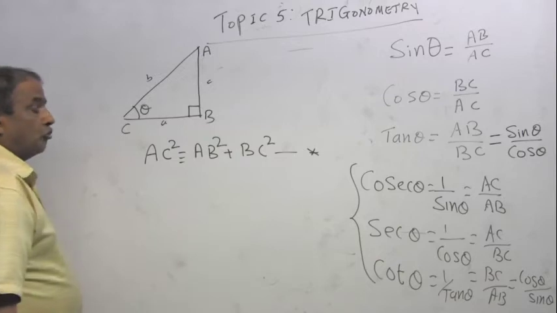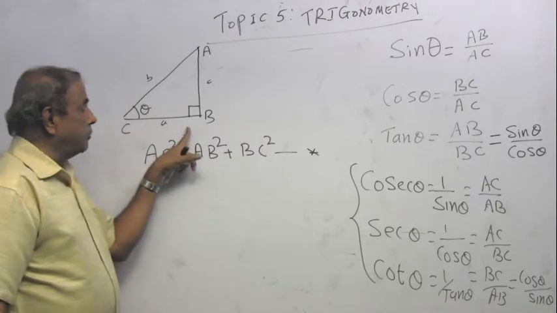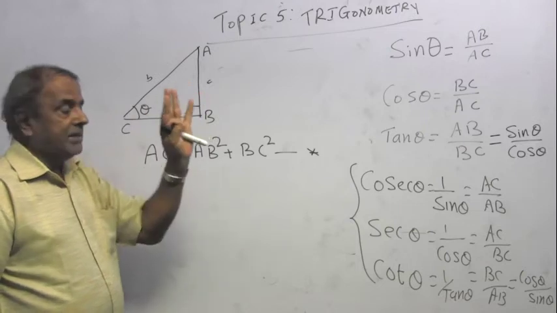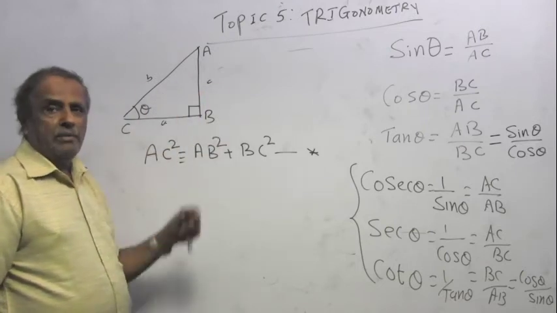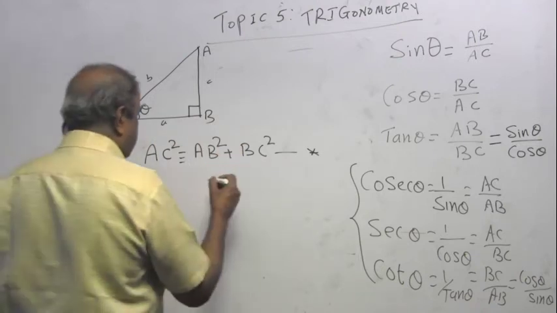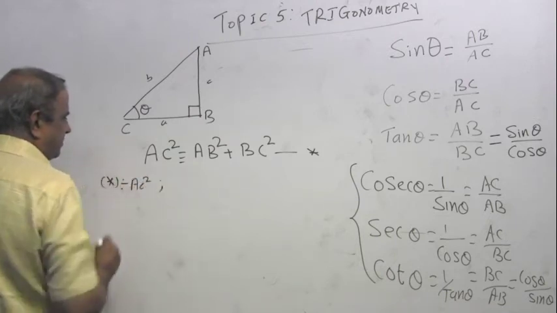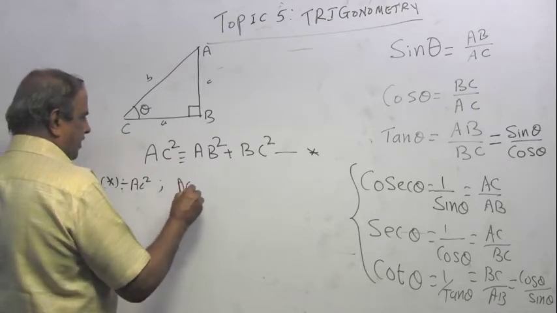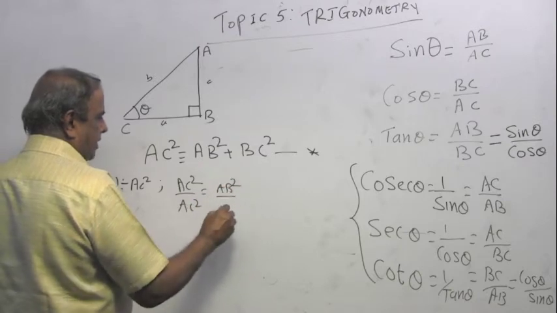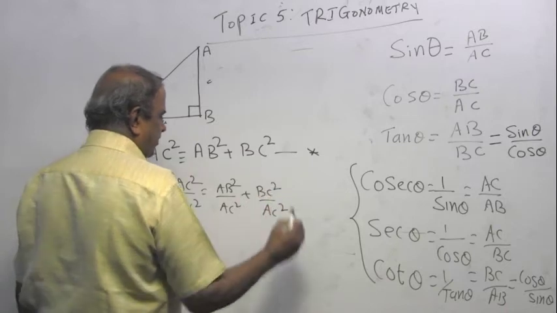It's true. Do I know the length of AC here? I don't know. Do I know the length of BC here? I don't know. Do I know the length of AB there? I don't know. But when you find the lengths and square them and use this relation, it will always be true. What happens if I divide this by AC squared? I get AC squared over AC squared equal to AB squared over AC squared plus BC squared over AC squared.